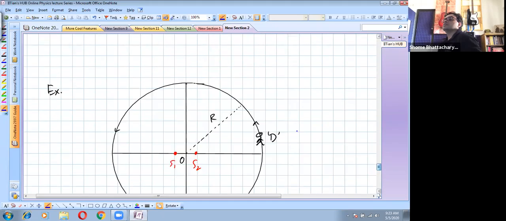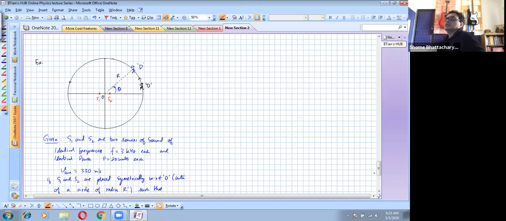So when the detector is at some arbitrary position like this, let's say, if this is the angle we are considering for angular position, you have to find the values of theta at which the detector experiences constructive interference. That's the last part of it. So just try this out.